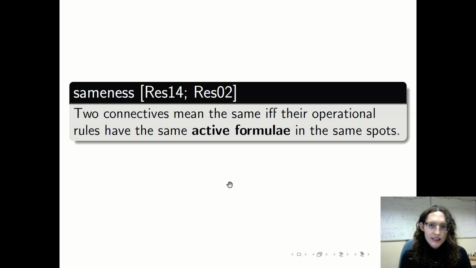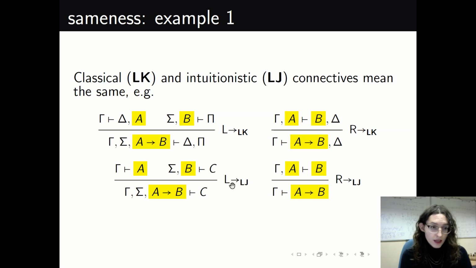Now let's look at an example. We'll be looking at sequent calculus formulations of proof rules in this talk. And so here we can have a look at the classical and the intuitionistic connectives, Gentzen's classical LK and Gentzen's intuitionistic LJ. And as it turns out, according to sameness, classical and intuitionistic connectives will have the same meaning.